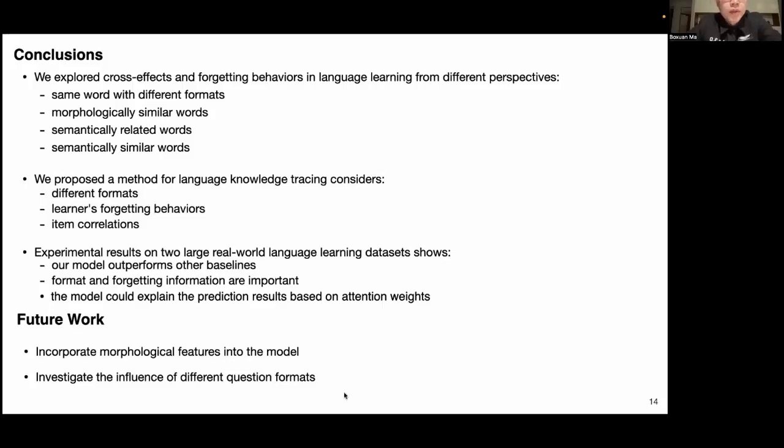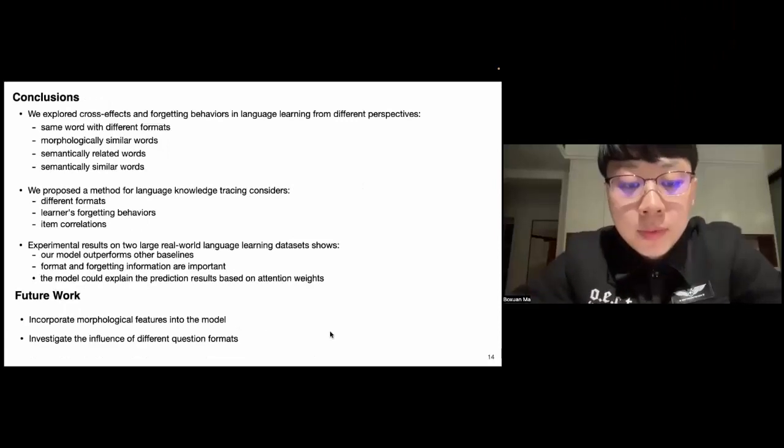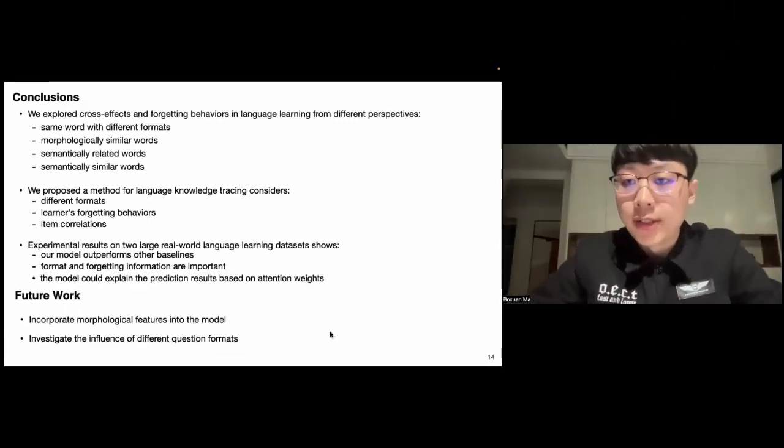Experimental results on two real-world language learning datasets show our model outperforms the other baselines, and it can explain the prediction results based on attention weights. For future work, we plan to incorporate morphological features into the model, and it is also of interest to investigate the influence of different question formats for vocabulary learning.